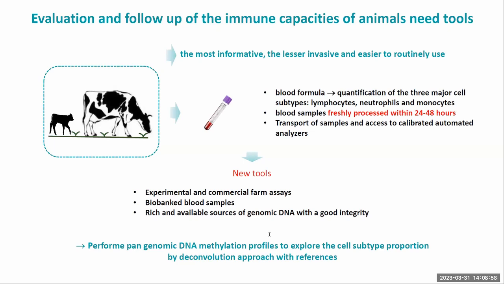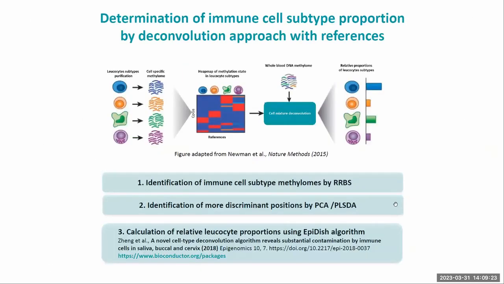To perform the deconvolution approach with references, we have three steps. The first is the identification of immune cell subtype methylomes by reduced representation bisulfite sequencing.